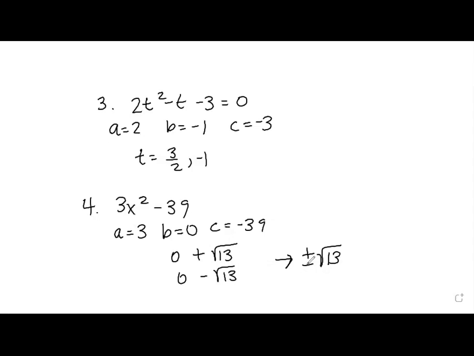The last thing that I want to show you, just to make sure that you know where it is and how to do this, there's going to be a problem that looks like this. So this isn't number 5 on yours, but if it asks you to do something like this, 2y to the third minus 5y squared minus 3y equals 0, you should notice that this is a 3, right?